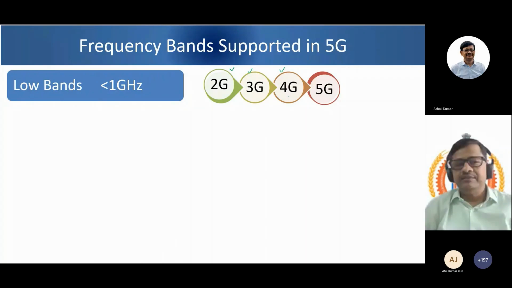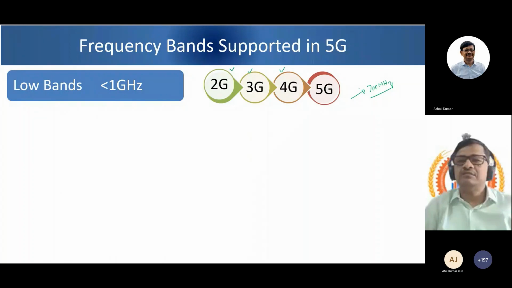Okay, so by the way, if you recall the auction our earlier speaker was talking about, in the last 5G auction, the 700 megahertz band was also auctioned, and this was taken by Reliance Jio.